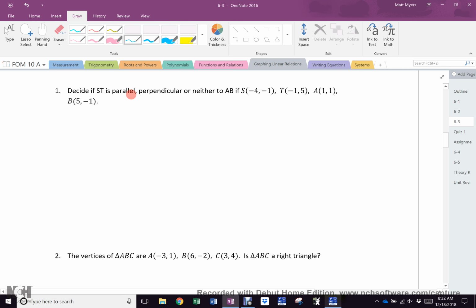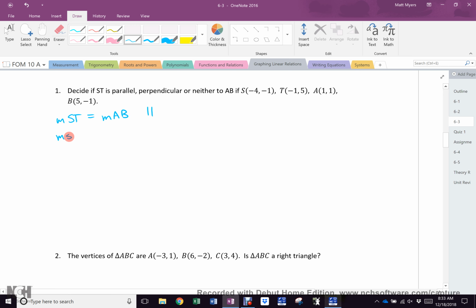Decide if ST is parallel, perpendicular, or neither to AB. What determines parallelism, perpendicularity, or neither? What is the concept that determines that? Slope. So I have to see if the M of ST is equal to the M of AB. That would make them parallel.